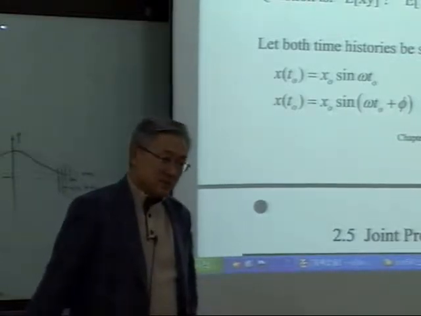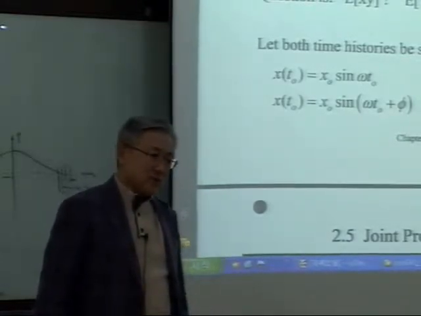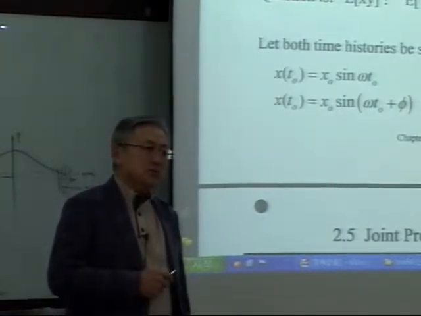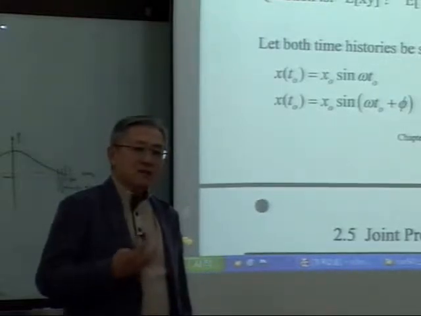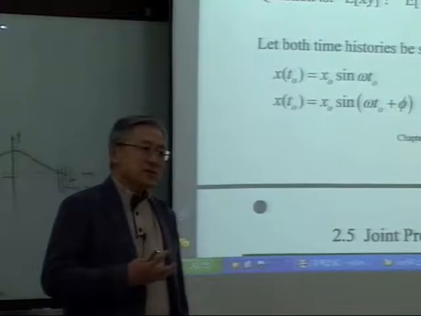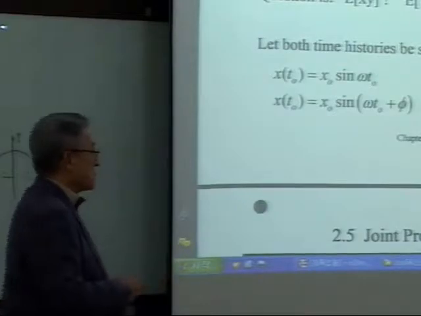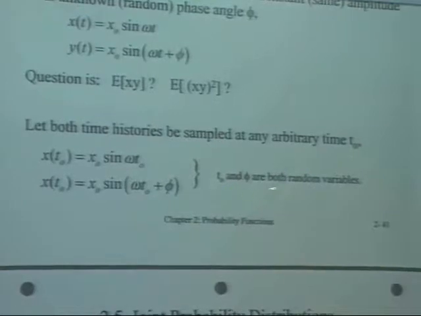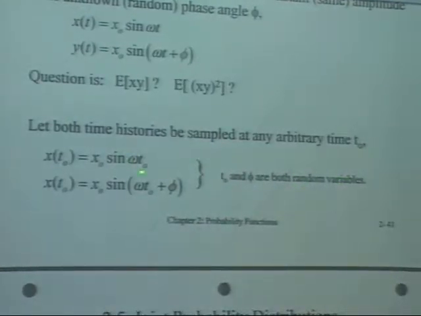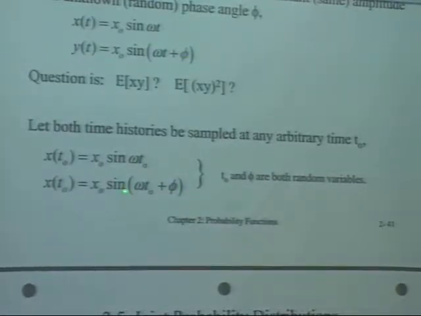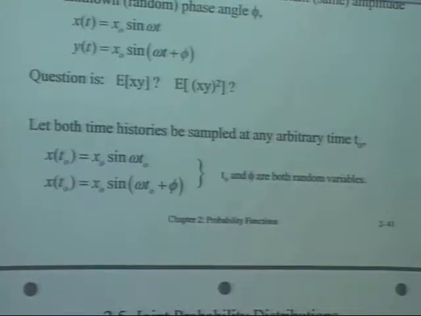Why not? Omega you could set as a random variable. But here, in the usual situation, angle phi is a good selection to set as a random variable. But here in class, why not set t naught as a random variable? Of course, here is phi, a random variable. The t naught, I set as a random variable.